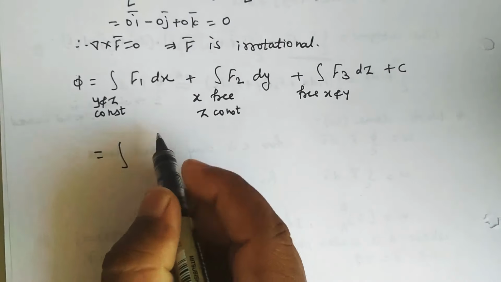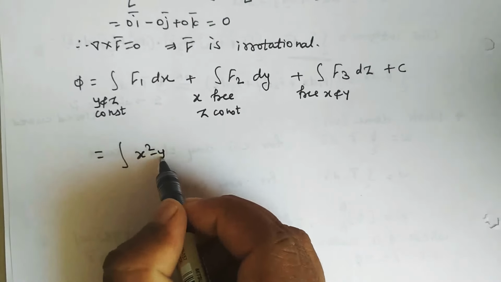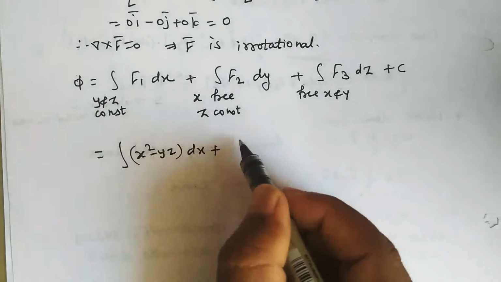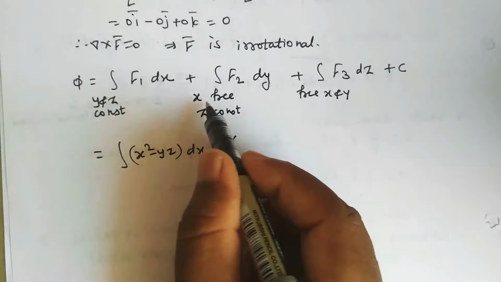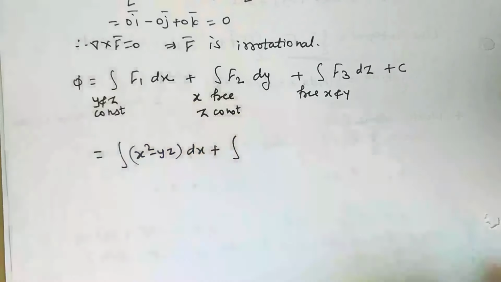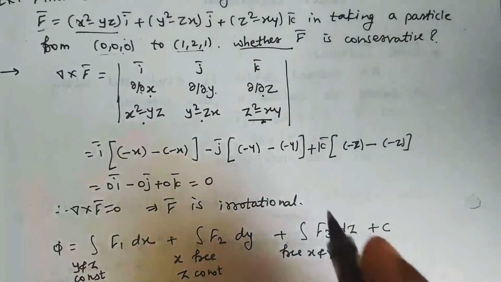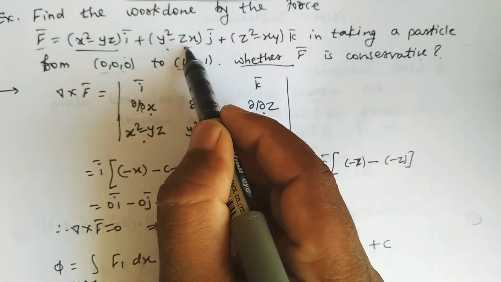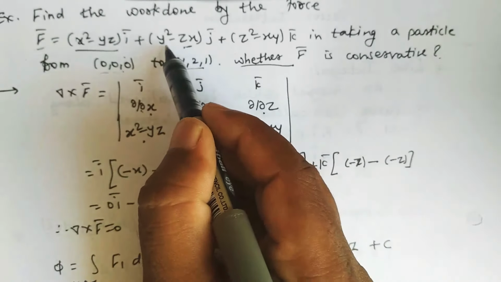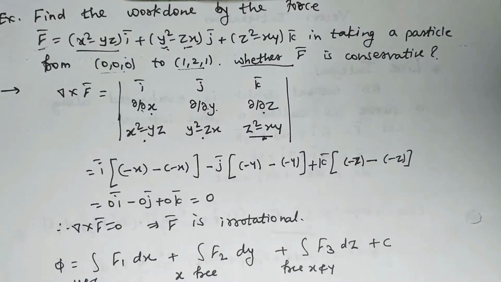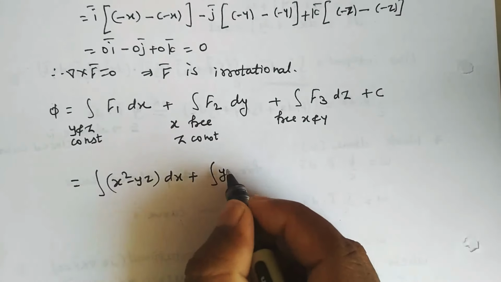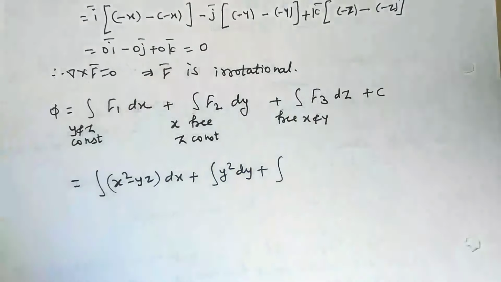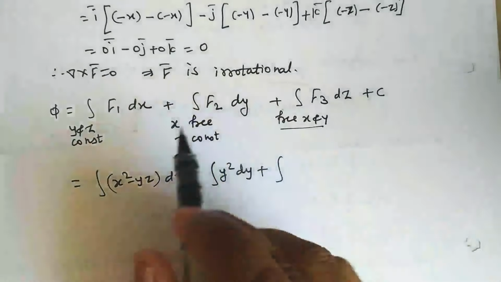This is equal to integration of value of f1, x square minus yz dx, plus integration of f2, but f2 must be free from x. So see, there are two terms in f2. This is our f2, but this second term contains x. So neglect this term, only take this term, that is y square dy, plus integration of f3, but f3 must be free from x and y.